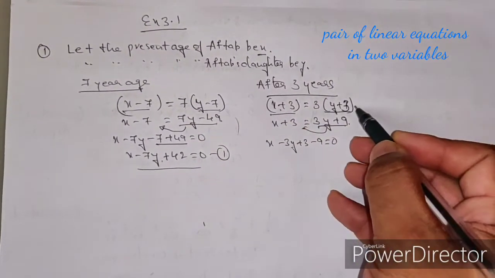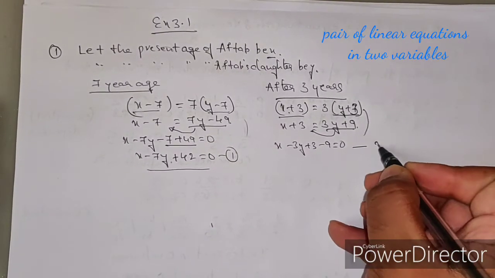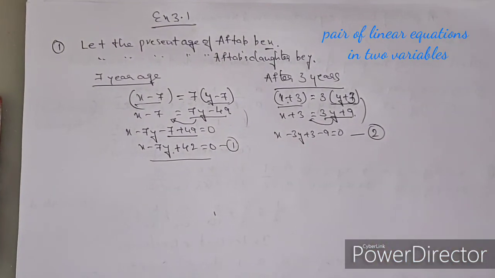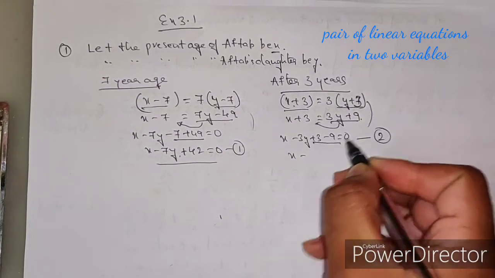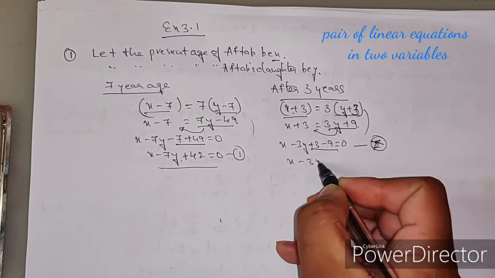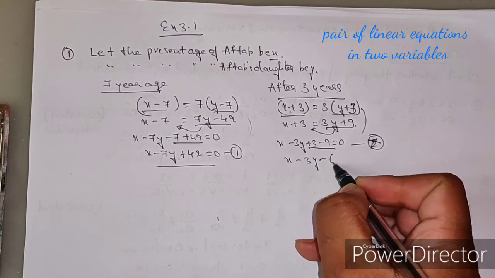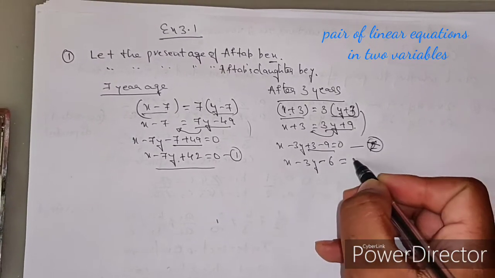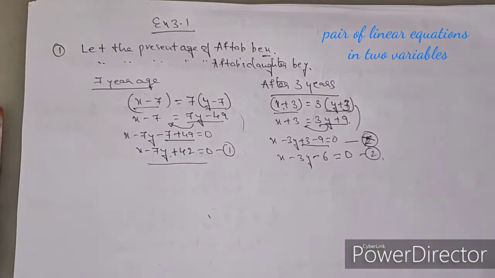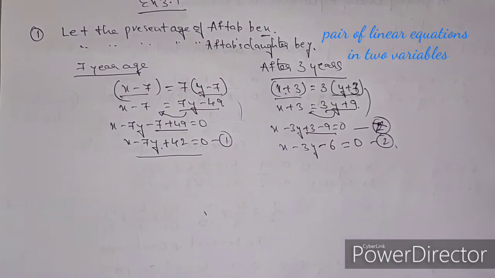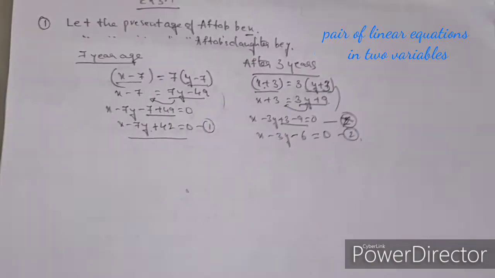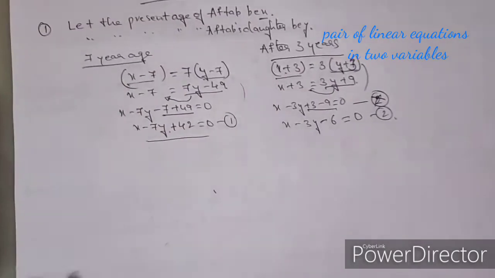So when we again rewrite, we will get the second equation, that is x minus 3y plus 3 minus 9 is equal to 0. So when we resolve it, x minus 3y minus 6 will be equal to 0, equation 2. So we have represented it algebraically. You have to know how to do it graphically.